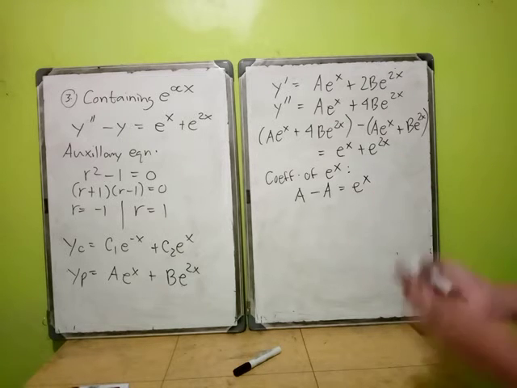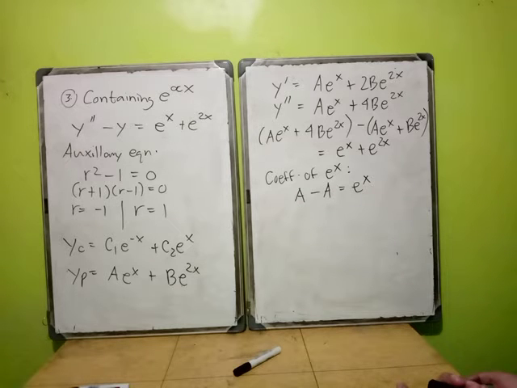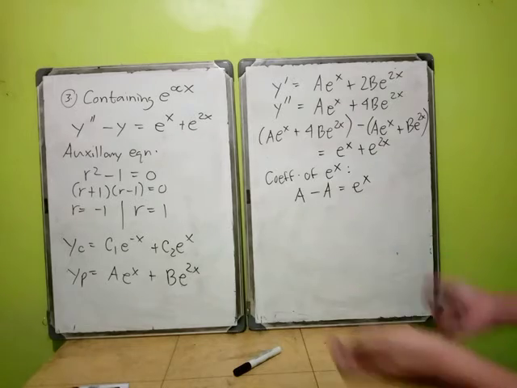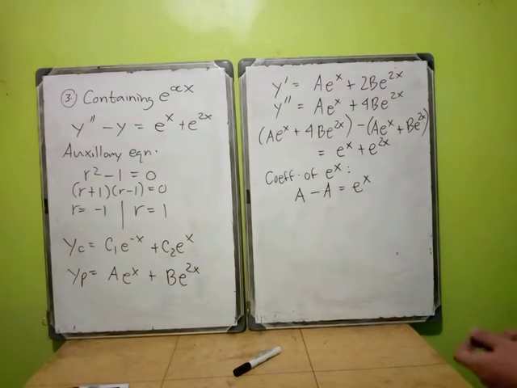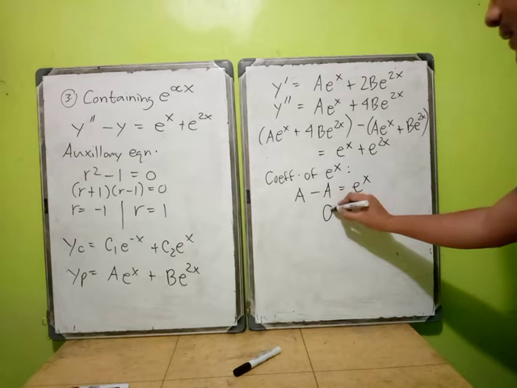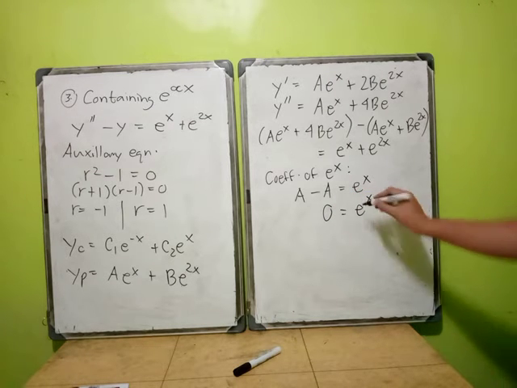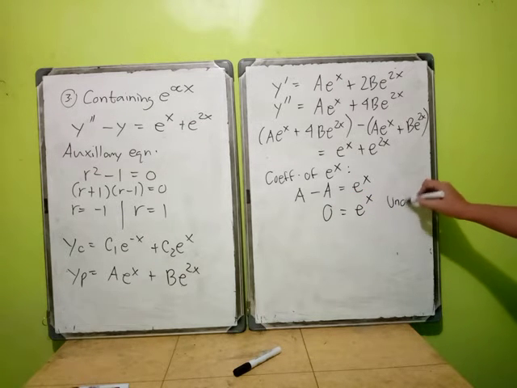So what would be our solution? What can be our solution to this problem? Therefore, this one has no solution. So you have 0 equal to e to the power of x, so it is undefined.